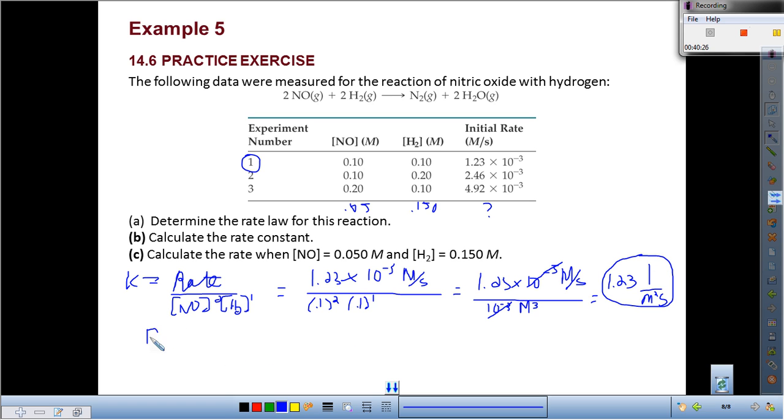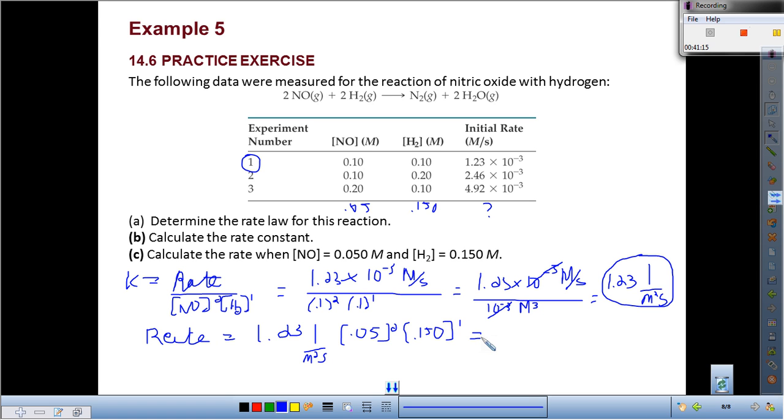So we know rate is equal to K, and this K is 1.23 per molar squared seconds, times the concentration of the nitric oxide, which in this case is 0.05 squared, because that's the order, times 0.15 to the 1.